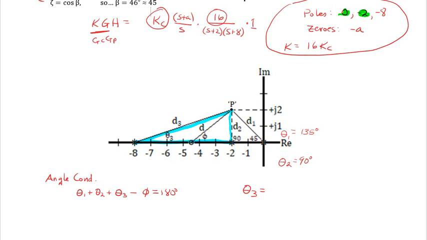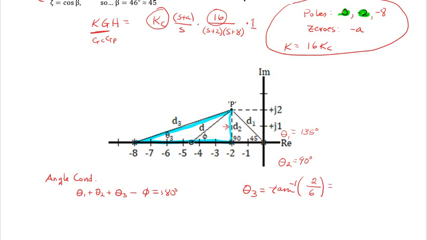So theta is going to be the inverse tangent of the opposite. That's going to be this distance right here, and that should be very straightforward. It's just going to be equal to 2, the distance of that leg, and then over the adjacent side. Now the adjacent side is going to be 8 units minus 2, so 6 units total.